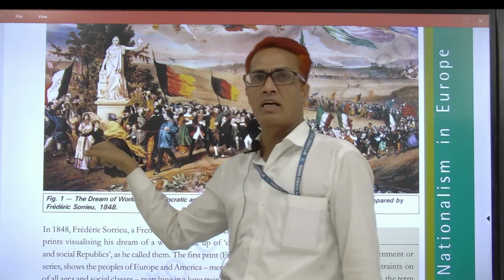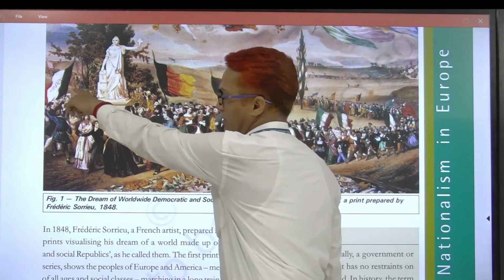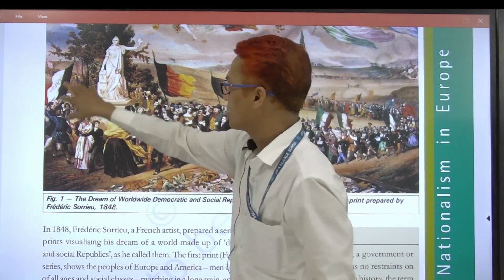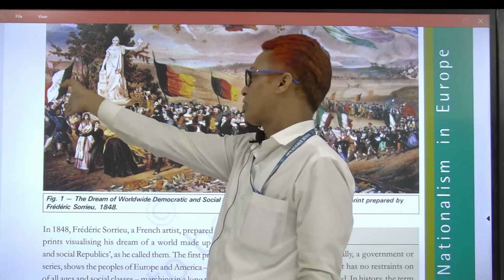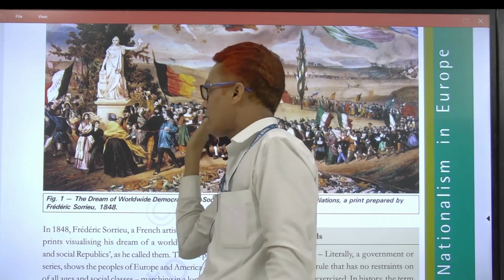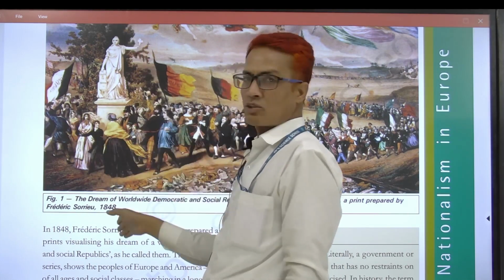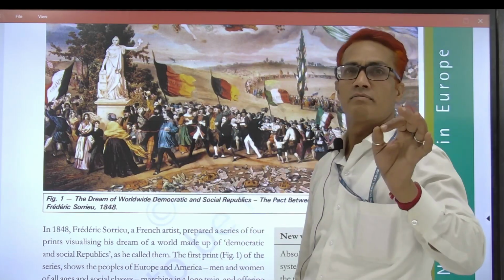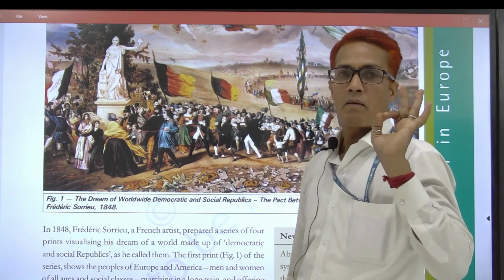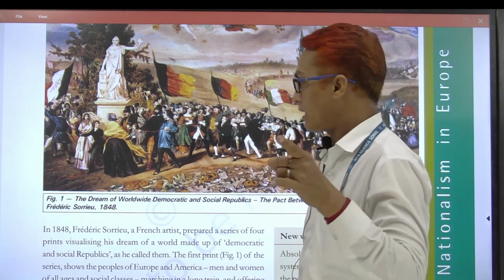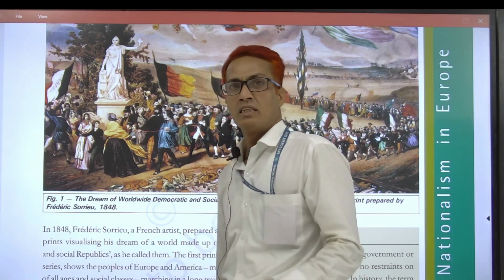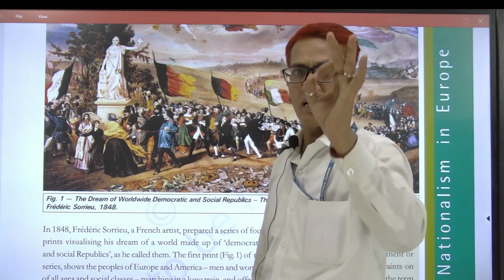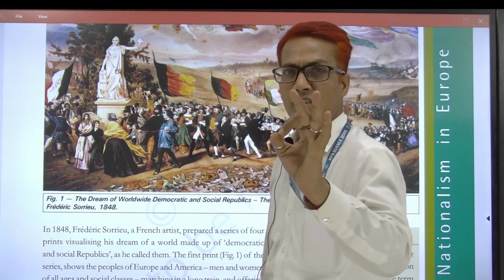After that, the third flag is the French flag. The French flag and the people have already crossed the Statue of Unity, and after that you can see the flag of Germany. You remember that in 1848, Germany did not exist as an independent nation.